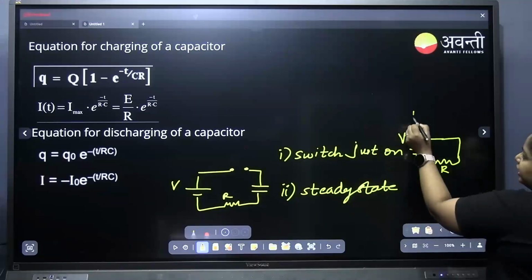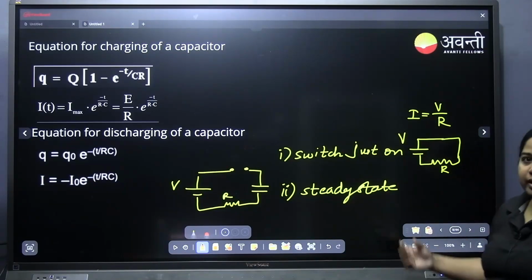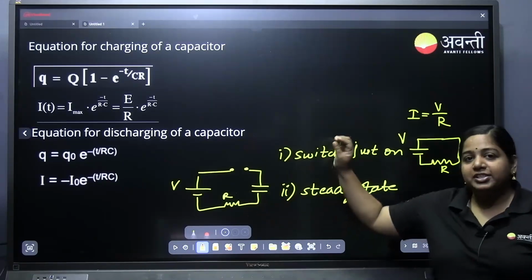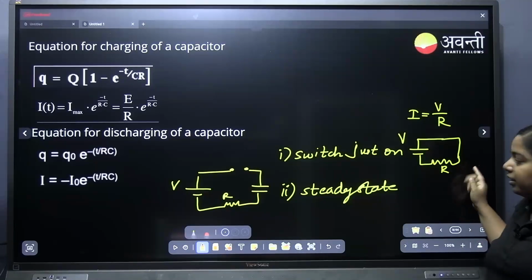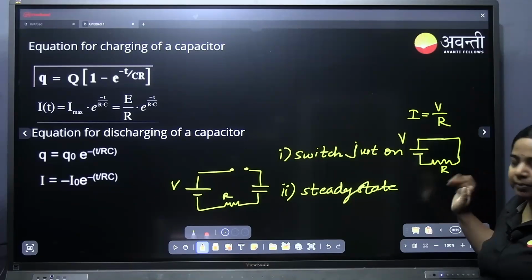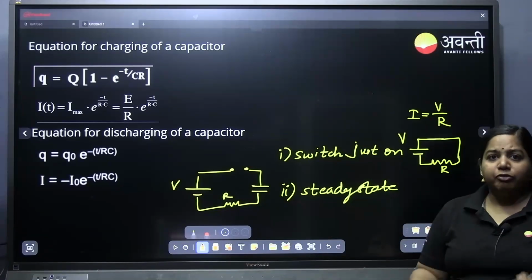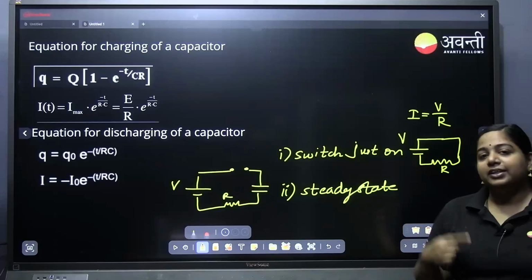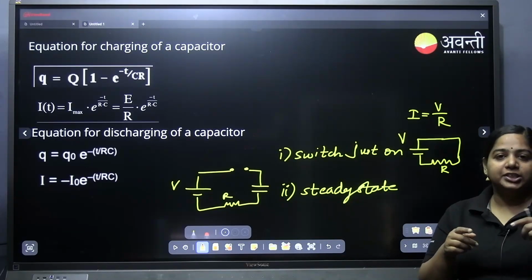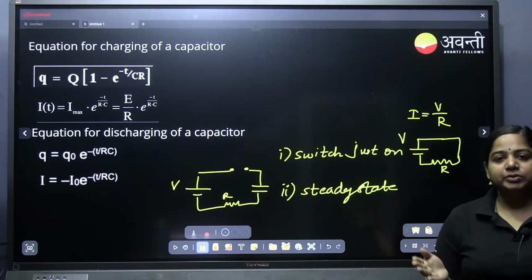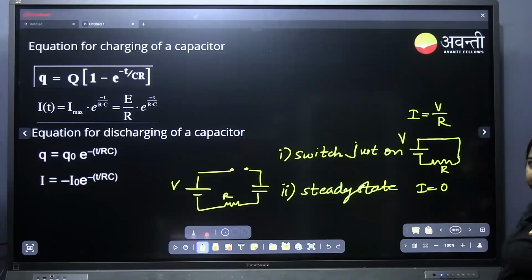We can say that the current through the conductor will be equal to V by R. So first case, switch just on, the capacitor will behave as a normal conductor, so you can close the circuit like this. Second state, the switch has been on for a long time, say 10 minutes. Then the capacitor will have maximum voltage, right? It has stored maximum charge. Then the current in steady state will be 0.